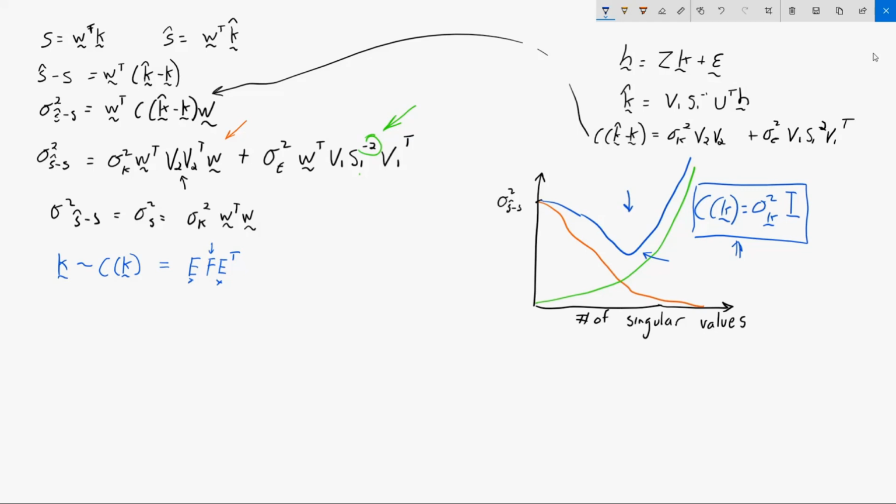That's what singular value decomposition gives us. And the singular values are non-zero all through the matrix. F is invertible. Suppose that instead of estimating k, I actually do a transformation. Suppose that I estimate a set of parameters j, defined from k through this equation.